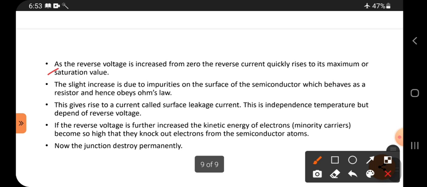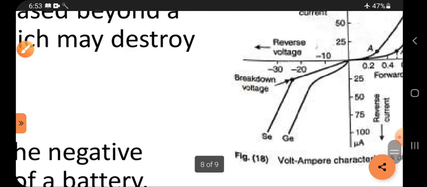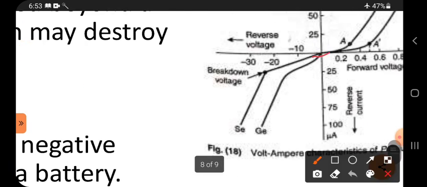As the reverse voltage is increased from 0, the reverse current quickly rises to its maximum or saturation value. Here when we apply the reverse voltage, the reverse current also increases. Later it increases very sharply.